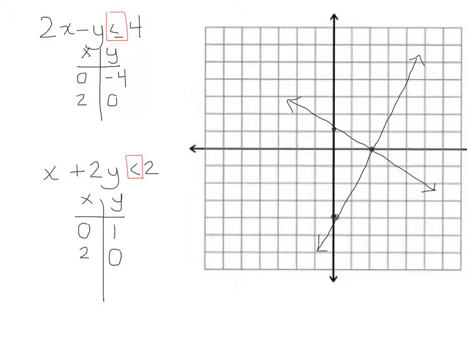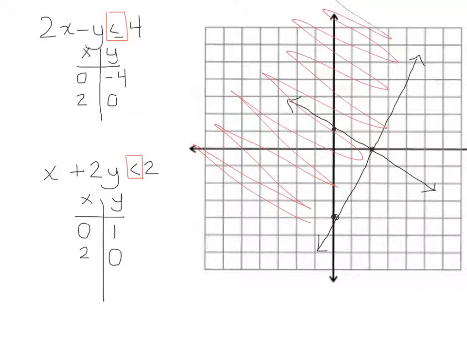Is in fact 0 less than or equal to 4? It is. And therefore I know that for this first line, I'm going to need to shade on the side of 0, 0. And so I'm going to do that in one color here. I'm shading on the side of 0, 0 for that first line.